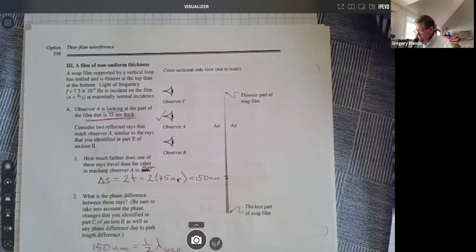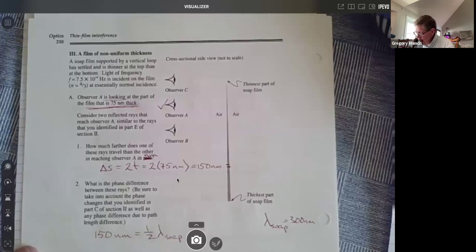Remember, we found that the wavelength in soap was 300 nanometers. So the phase change due to the extra travel is half a wavelength, plus I have an inversion at the front surface, but not at the back surface. So that introduces another half wavelength.